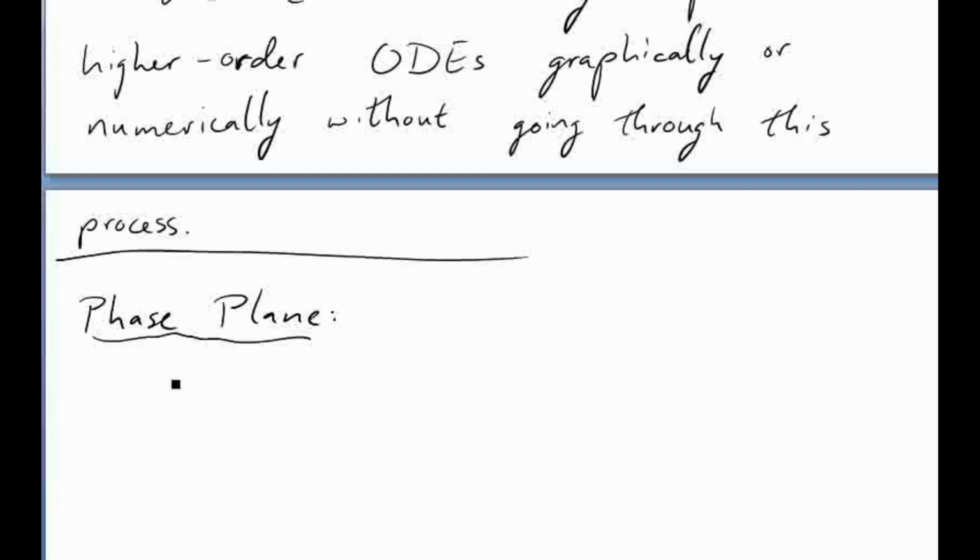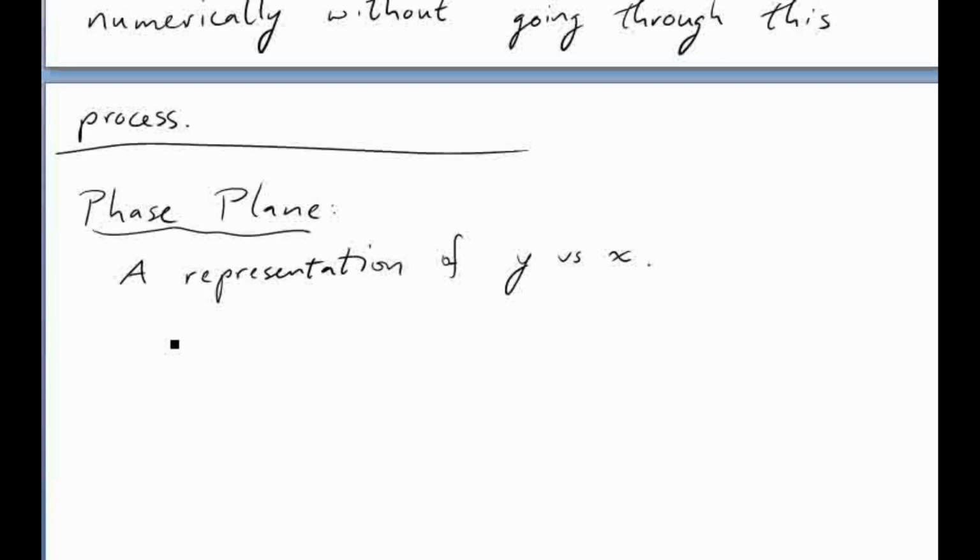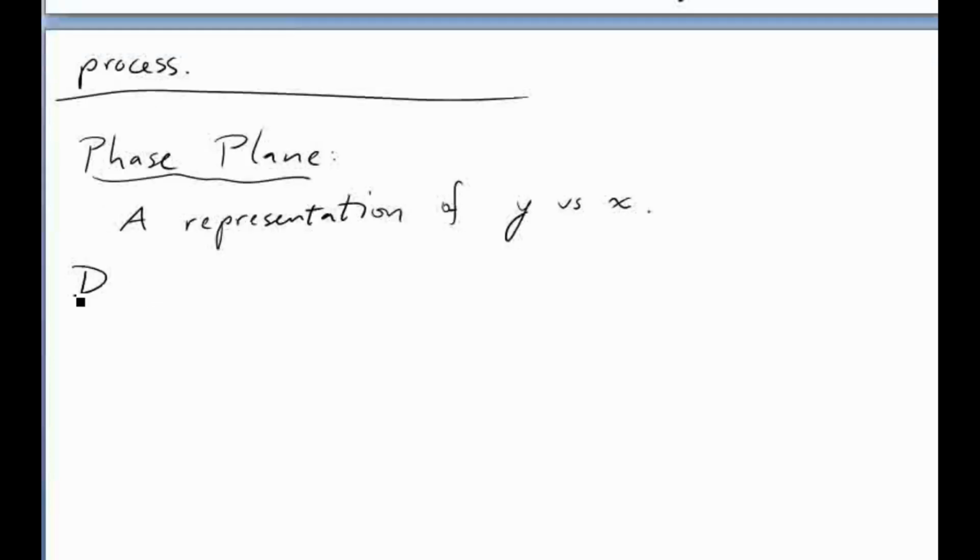So the phase plane is a representation of y versus x. And then we can make what is called a direction field.